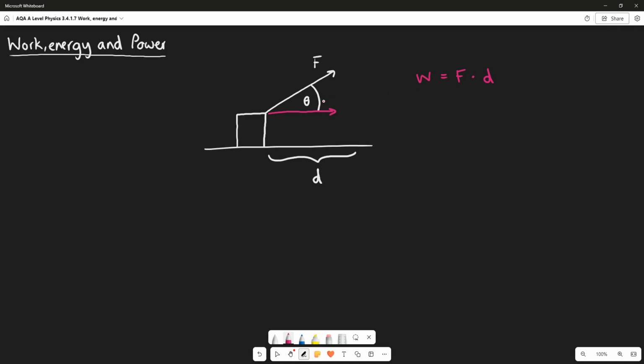In this situation, when we resolve it, we get F cos theta. And so the work done will be equal to F cos theta multiplied by the distance. You may sometimes see this written as the displacement multiplied by F cos theta, but it's the same equation.